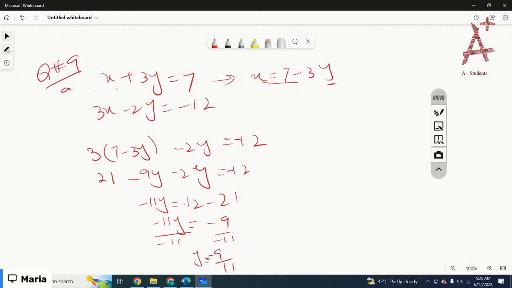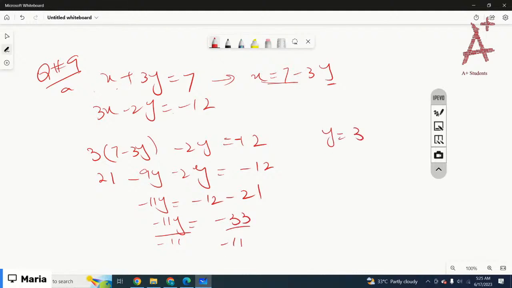I forgot to write the negative sign. So negative 12 minus 21 is negative 33. When you divide it by negative 11, y equals 3. Got it? Just replace this variable with the value of y.